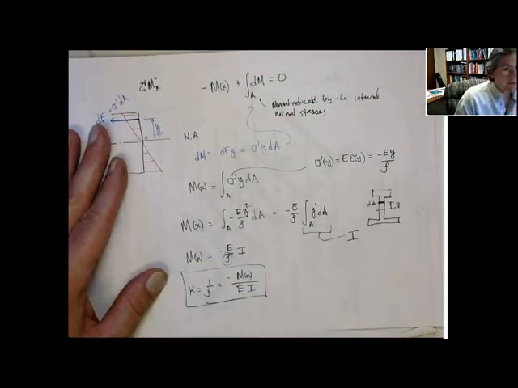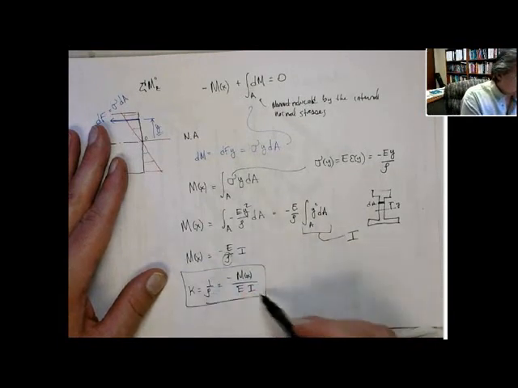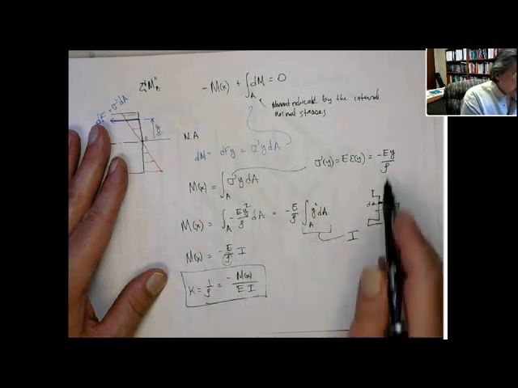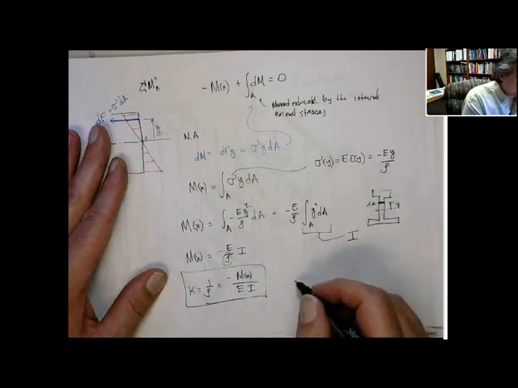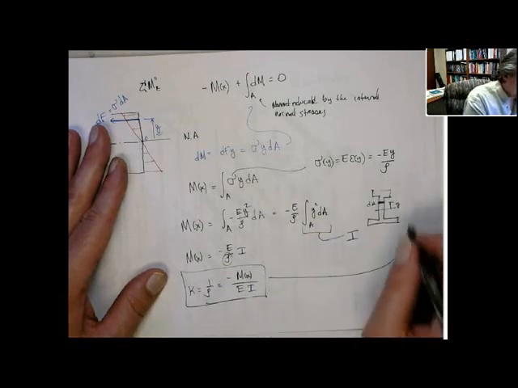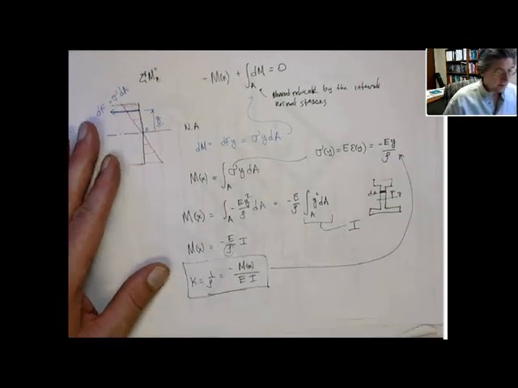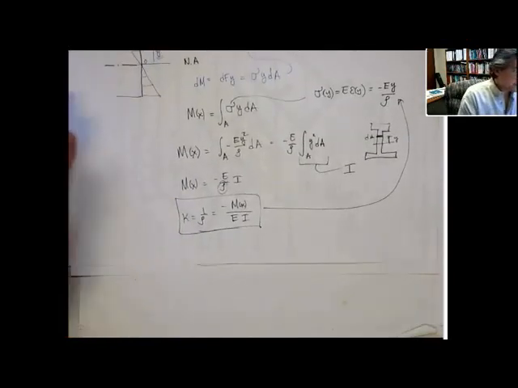We'll use that later on when we talk about the deflection in chapter 10, I think. There it is. Now that I know rho in terms of the bending moment and E I, I put that back into the stress distribution equation. If I take this, put it into this equation, what do I obtain? I get the following.